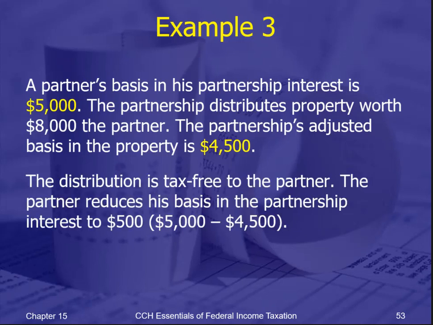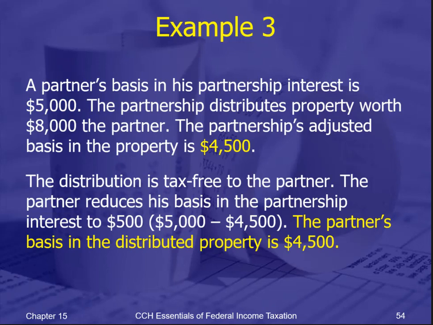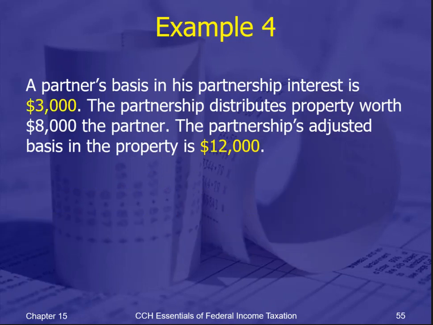It's tax free to the partner and reduces the basis by the $4,500, because the amount of the distribution when it's a property distribution is the basis to the partnership. So it reduces it down to $500. The partner now has a basis in that property they received of $4,500.